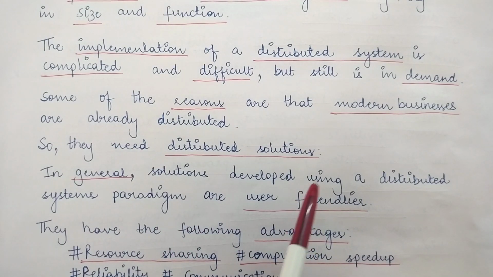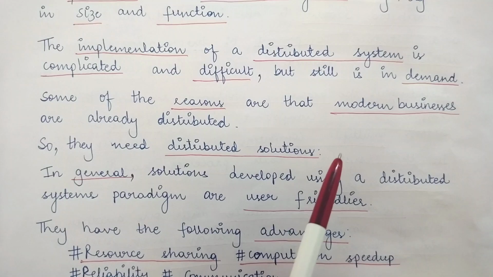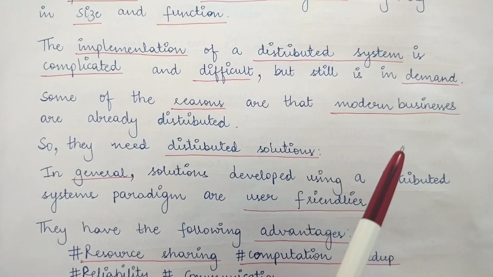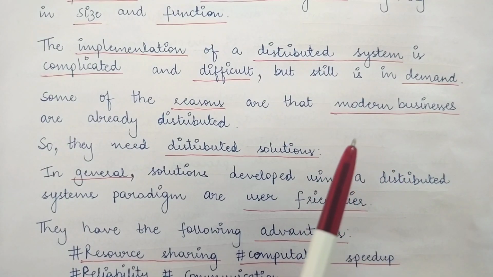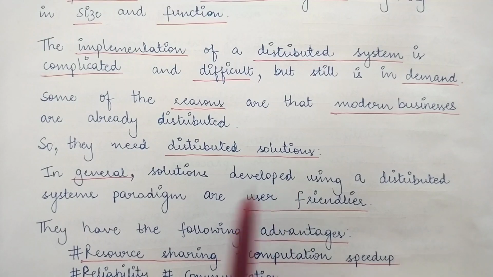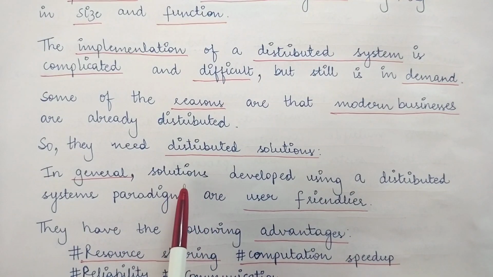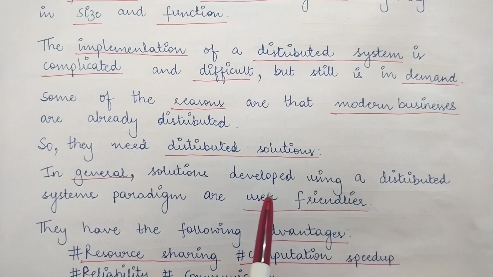So one reason is that all the businesses are already distributed, so they demand distributed solutions. Another reason is that solutions developed using a distributed system paradigm are much more user friendly, and the more user friendly any system is, the easier it is to use.